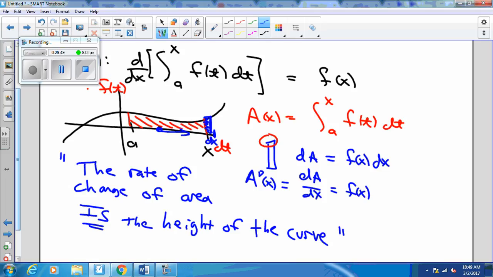So if my curve is 3, then I will add area at the rate of 3 times whatever width I travel. And if the height of my curve is 6, I will add extra area at the rate of 6 times whatever distance I travel. Does that make more sense?